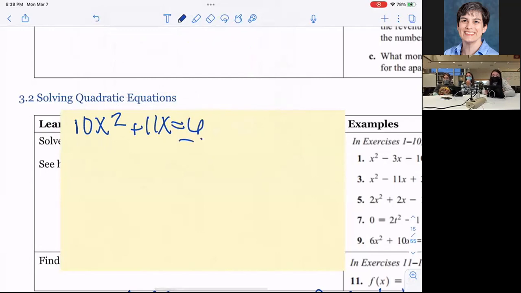We're gonna put the 6 on the other side, so it'll be 10x squared plus 11x minus 6 equals 0.